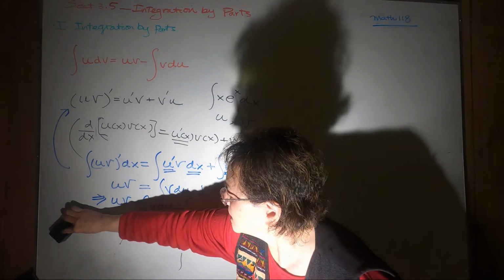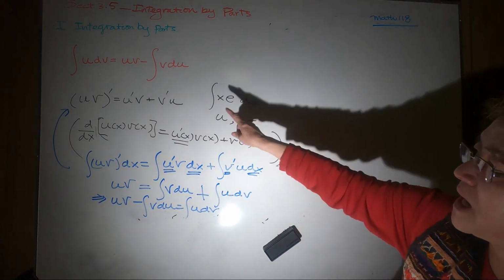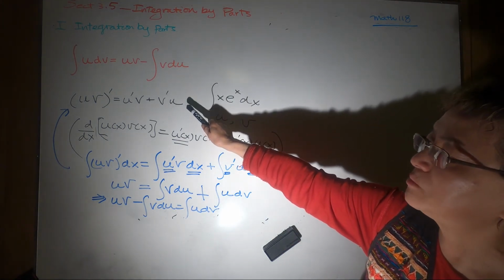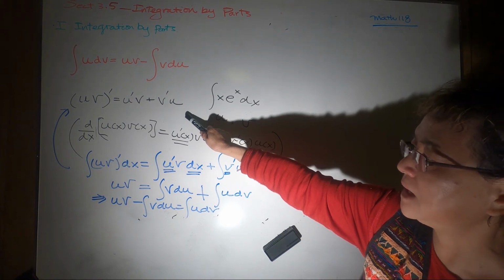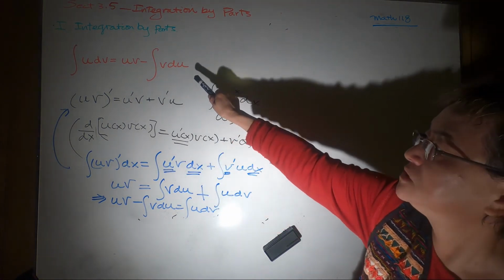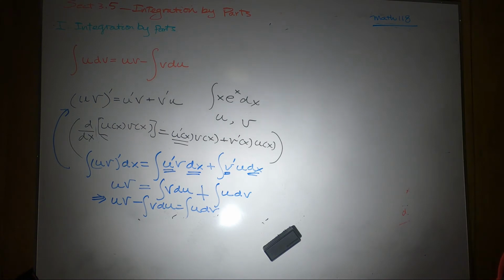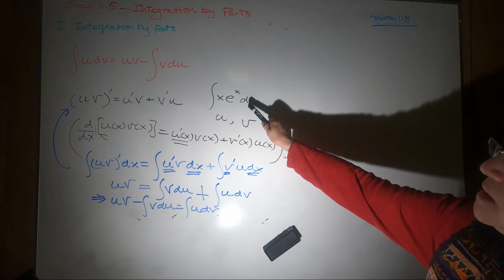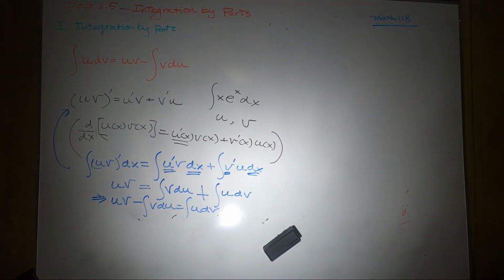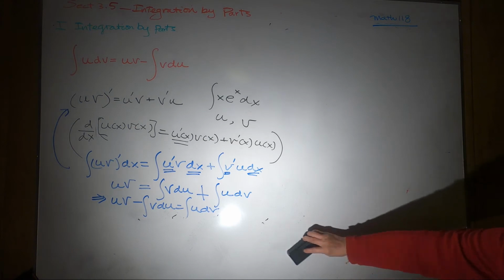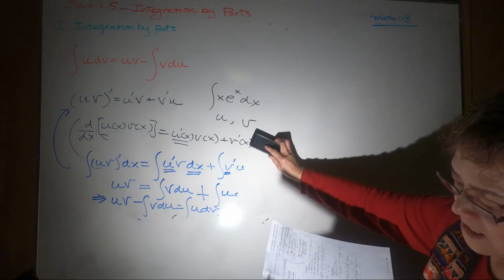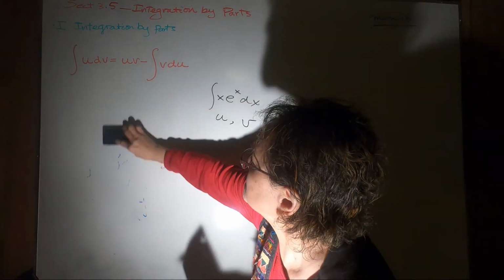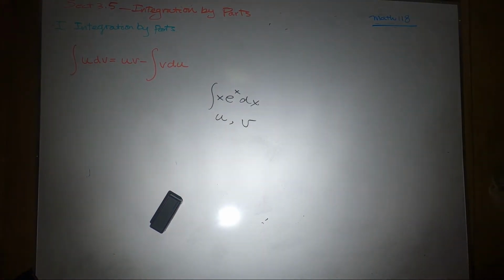That's how we get this formula, by using the product rule. This formula is for solving integrals like those where you cannot use substitution. Then let's see how we are going to do it with a formula like this.